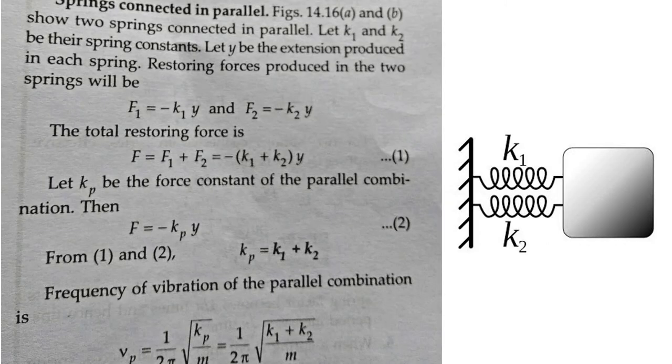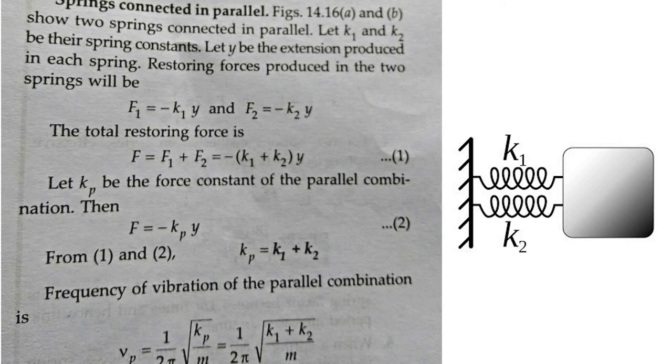Now let us see if the springs are connected in parallel like this. k1 and k2 are the spring constants, and the extension produced on each spring will be the same. So let it be y. So F1 is equal to minus k1 y and F2 is equal to minus k2 y. The total force is F1 plus F2, so minus of k1 plus k2 into y.